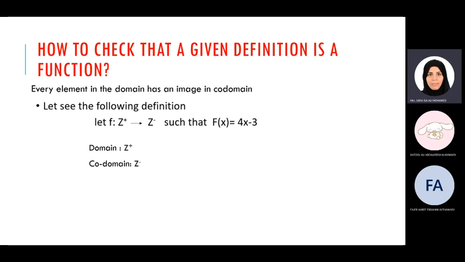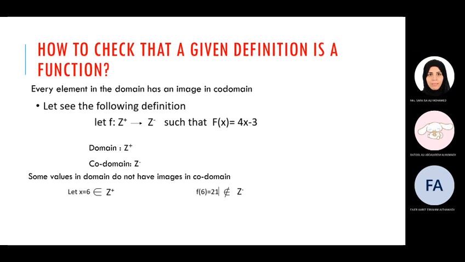To say that a given definition is not a function, we need just a counterexample. We take any value in the domain, any number, and we substitute, and then we check whether the image we get for that element belongs to the codomain or not. If it does not belong to the codomain, it means it is not a function.